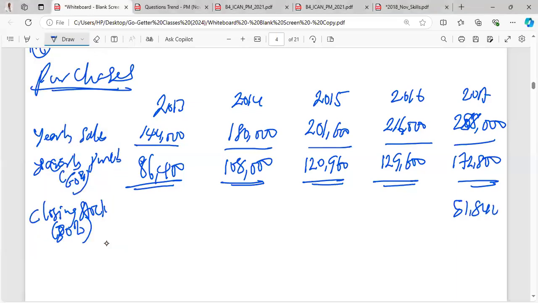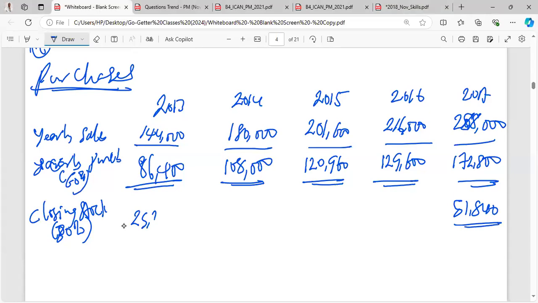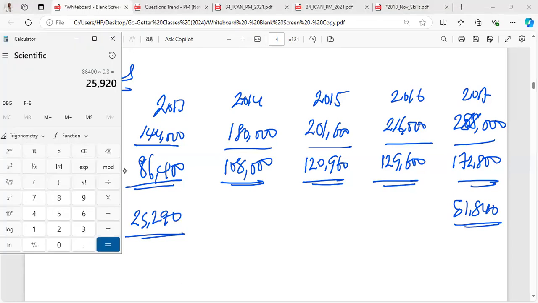That's your closing stock. We have 86,400 times 30%. This is 25,920, not 290, 920. That's your closing stock. We need it in profitability. That's why we're doing it here.